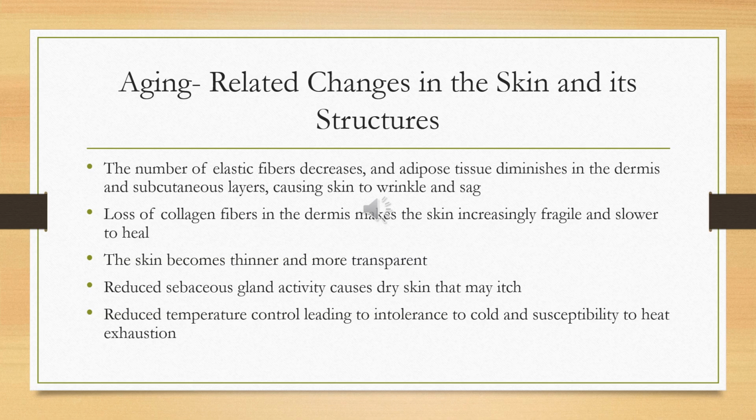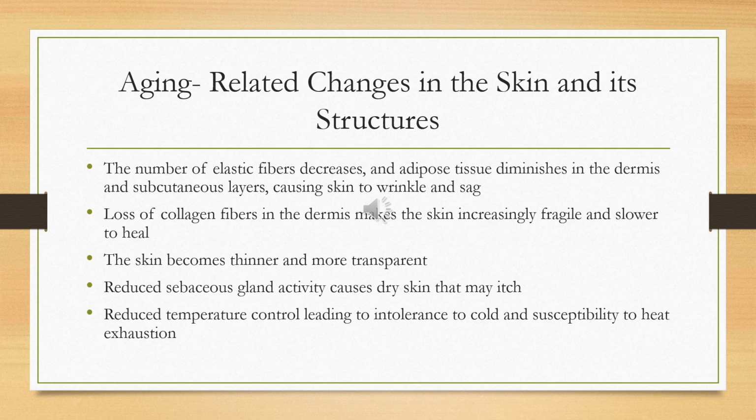And so you might see some individuals whose skin is wrinkly or sagging, and that's because of that decrease in the elastic fibers and the adipose tissue. There's a loss of collagen fibers in the dermis. Remember we said the dermis was the second layer, and so there's a loss of collagen fibers, and that causes the skin to be more fragile.